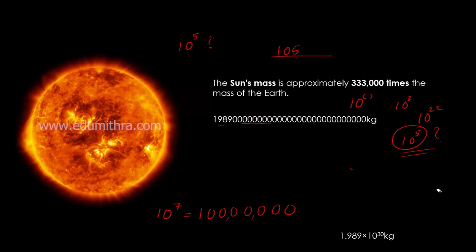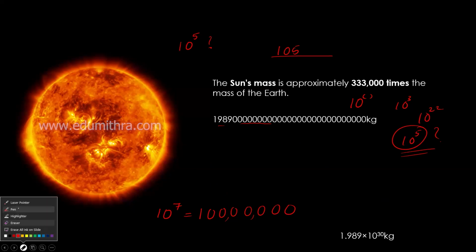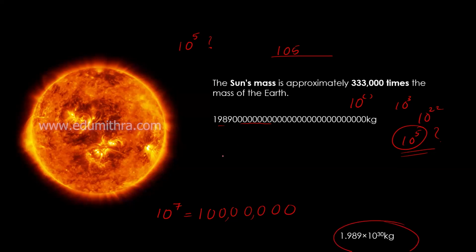For example, instead of this, it can be written like this: 1.989 into 10 to the power 30, or 10 raised to 30 kilogram. That means 1.989 followed by 30 zeros worth of magnitude.